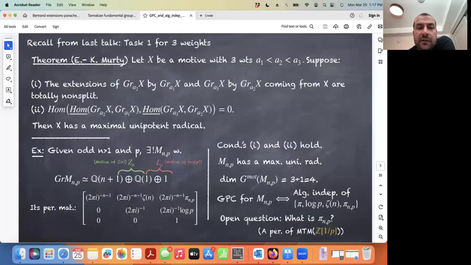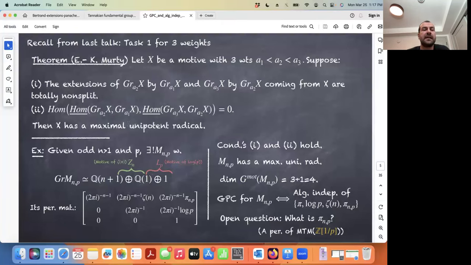That's equivalent to saying that these two motives don't have any non-zero isomorphic sub-objects or sub-quotients. If you include the second condition, then total non-splitting of these two extensions implies that X has a maximal unipotent radical.